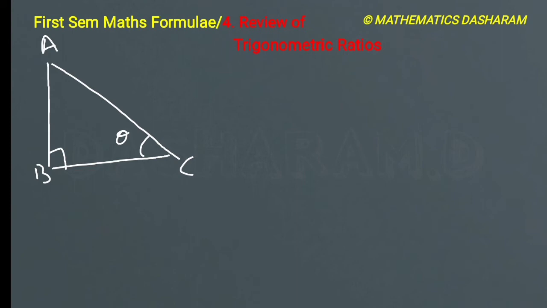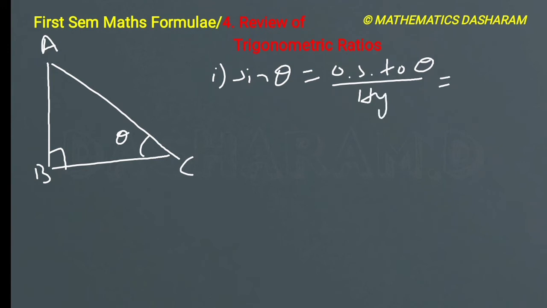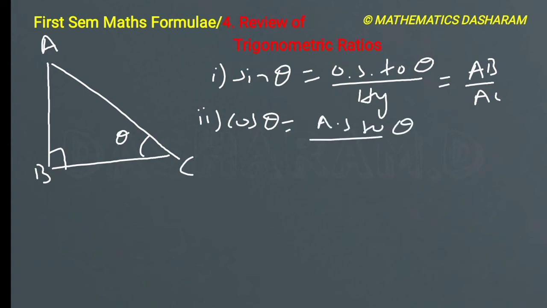So first of all, trigonometric ratios. The first trigonometric ratio is sin theta. Sin theta equals the opposite side divided by the hypotenuse, so opposite to theta is AB divided by hypotenuse AC. The second one is cos theta: the adjacent side to theta divided by the hypotenuse, so that is BC divided by hypotenuse AC.